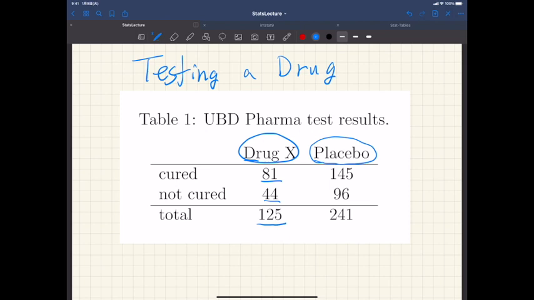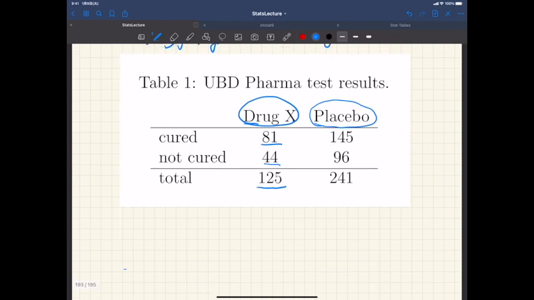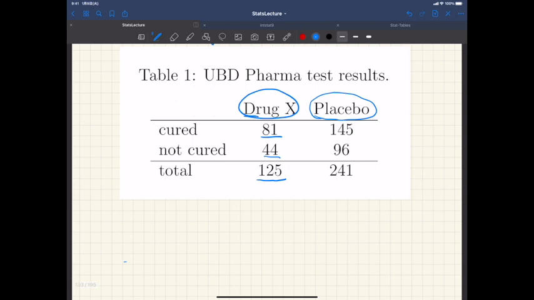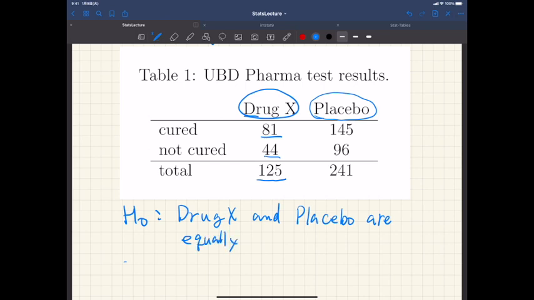But what we want to do is to show that this drug is really effective. So how can we do this? By using a significance test. That is done by setting a hypothesis that drug X and placebo are no different. So drug X and placebo are equally effective or equally ineffective.